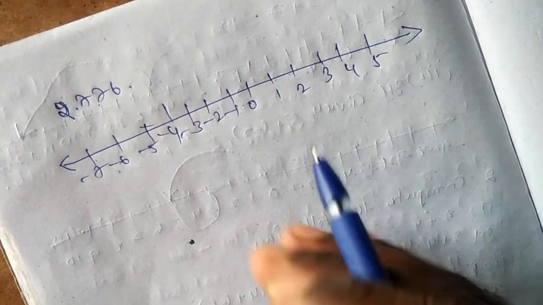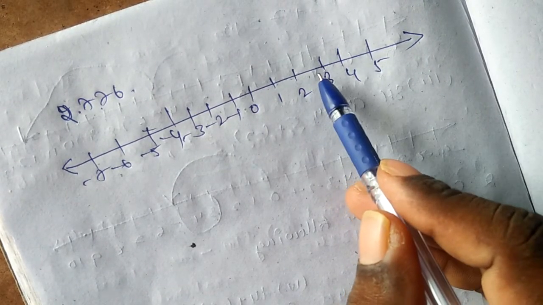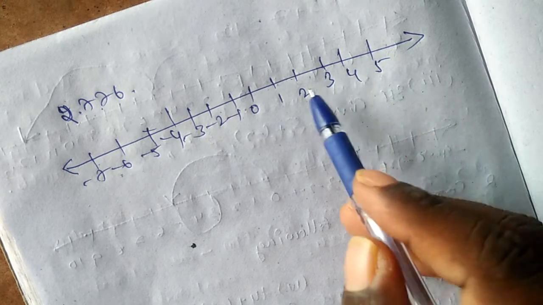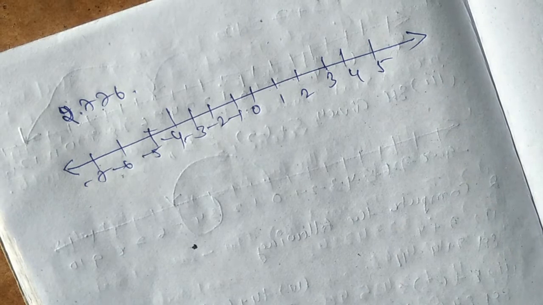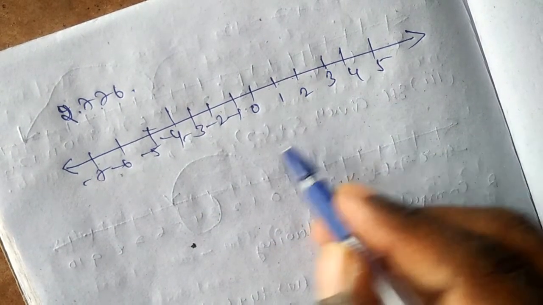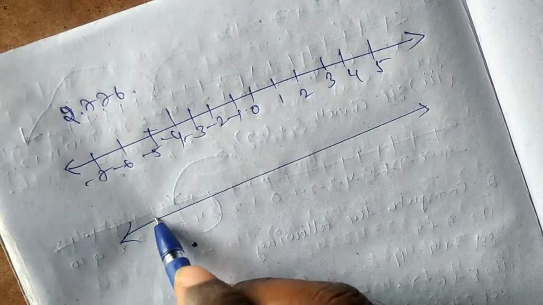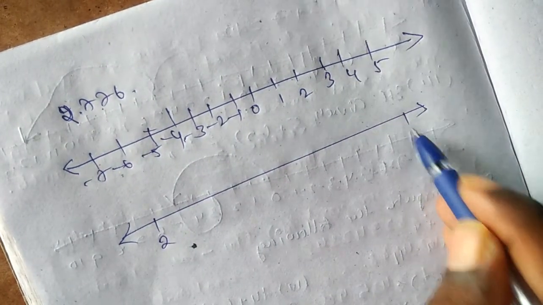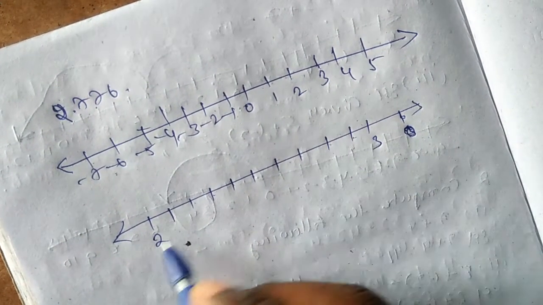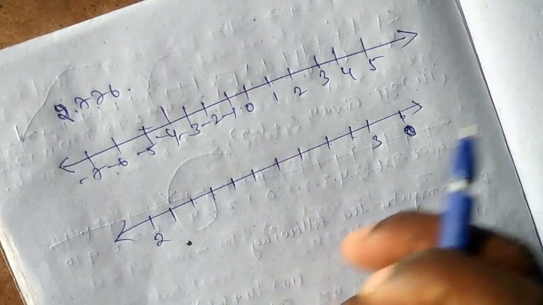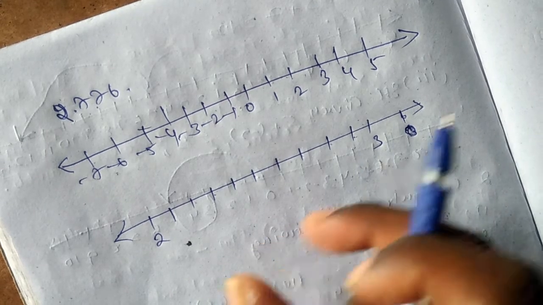So we have to magnify this portion, the portion of the number line between 2 and 3.